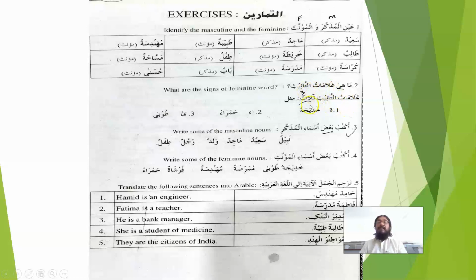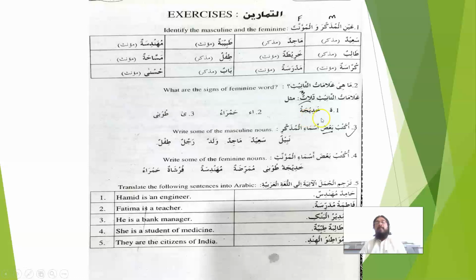Alamatut tanis, then Salathun. Sa, lam, alif, sa. Okay, if you don't want to write Salath, leave it. Only write Alamatut tanis. Then after full stop or semicolon, write Ta. Number 2, alif hamza. Number 3, ya.